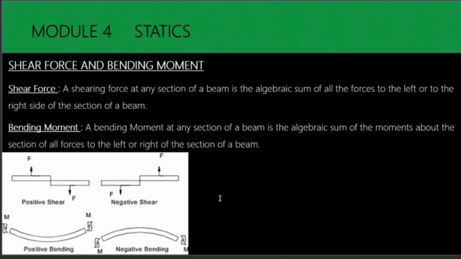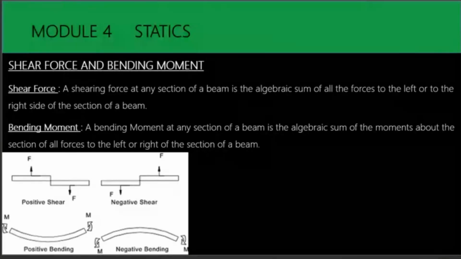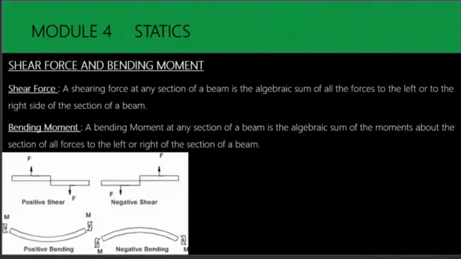For those of us that this is new, let's define shear force itself. A shearing force at any section of a beam is the sum of all the forces to the left or to the right side of the section of the beam. This indicates positive shear and this indicates negative shear.